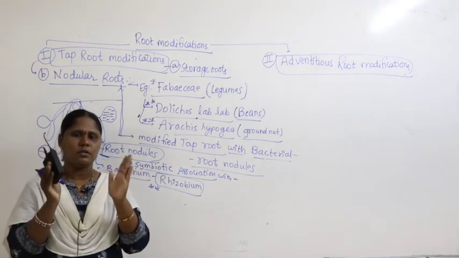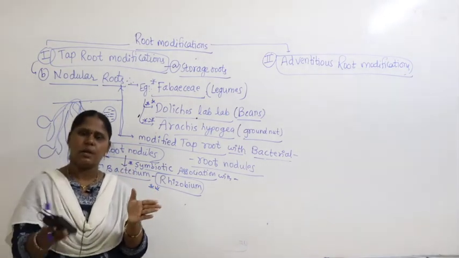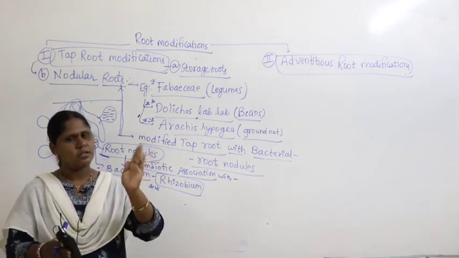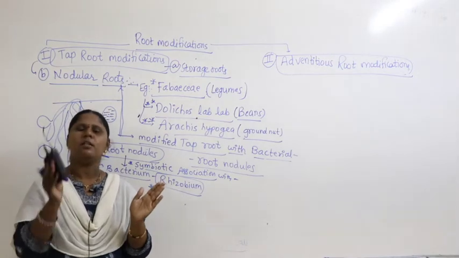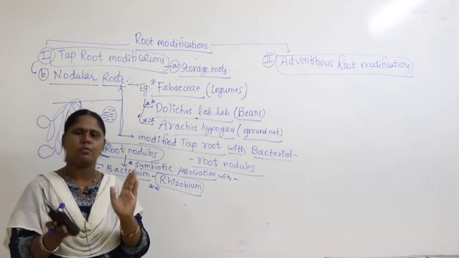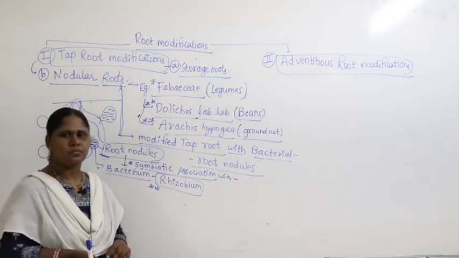When do you say the symbiotic association exists between this organism and this organism? When both are benefited. This organism benefits from this one and this one also benefits from this, then both maintain what is called symbiotic association.